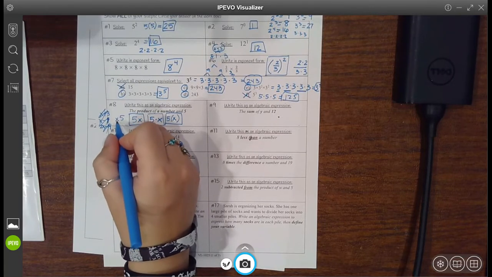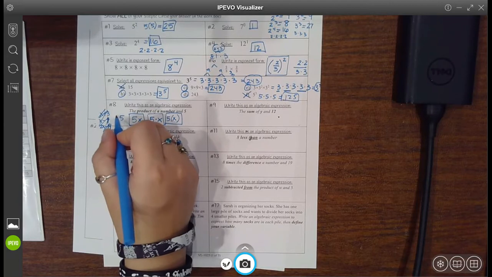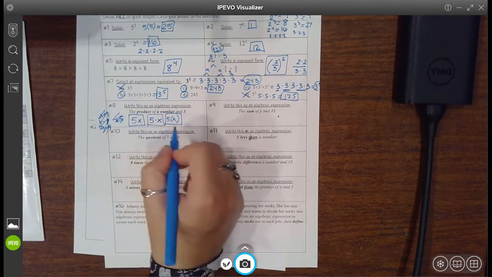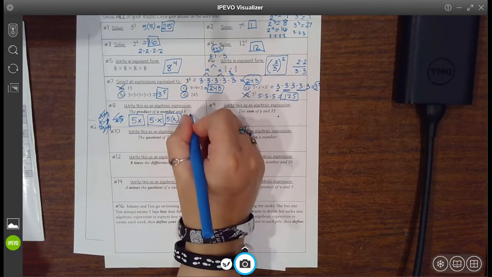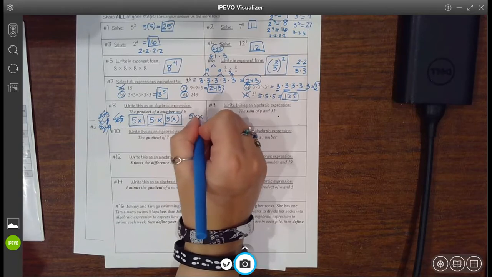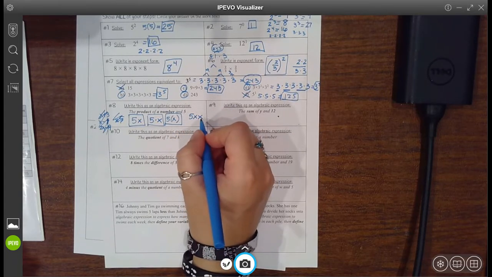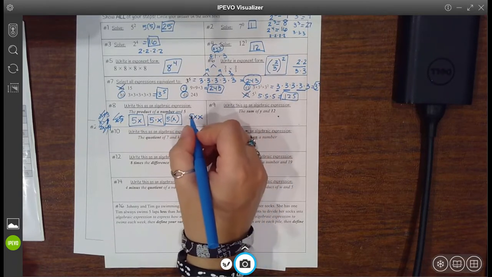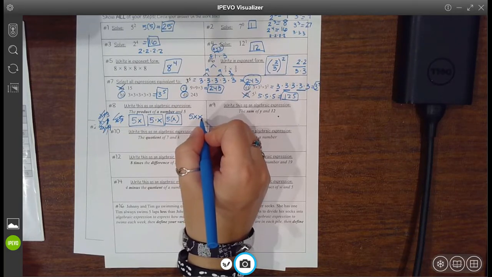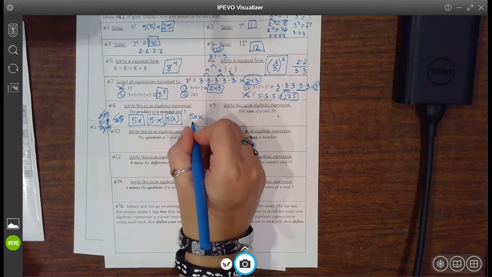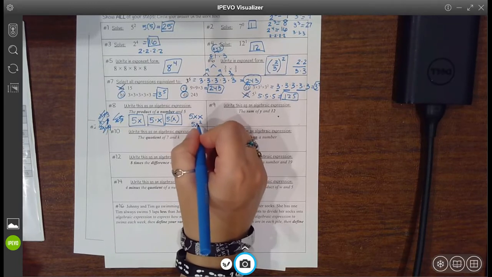Please don't write it like this. This looks like times 5. We might take it, but gross. Don't do that. These are the preferred ways. We especially do not want this anymore: 5 times x. This looks like 5 times some unknown number times another, that same unknown number, which is actually 2 x's, which is 5x squared.